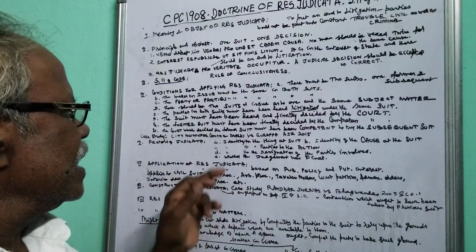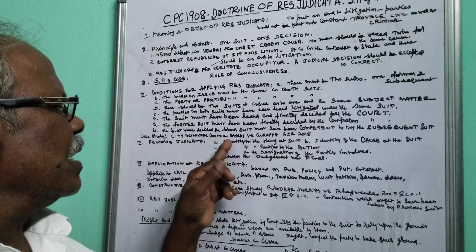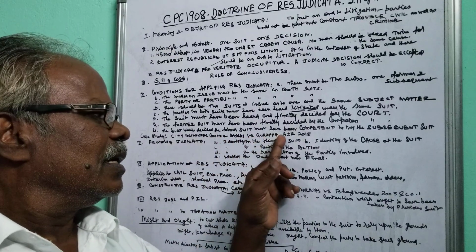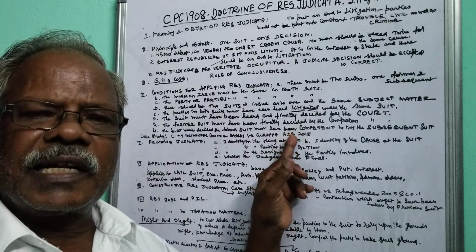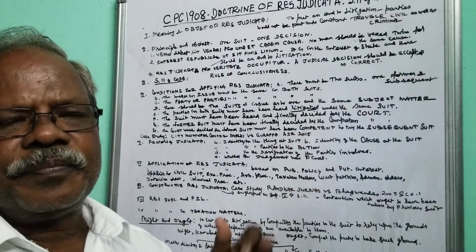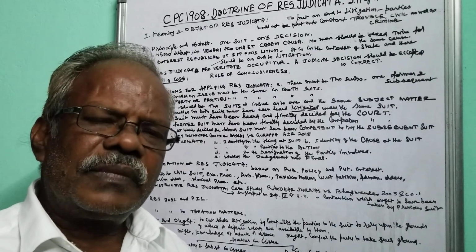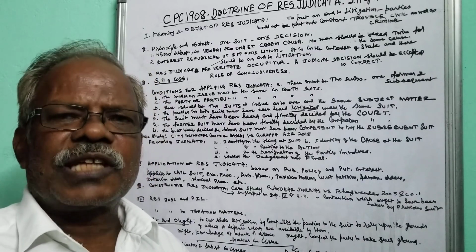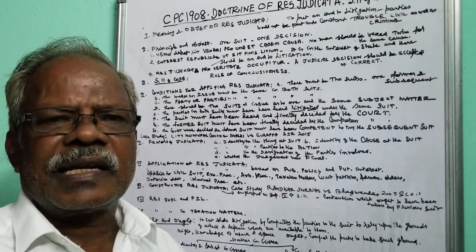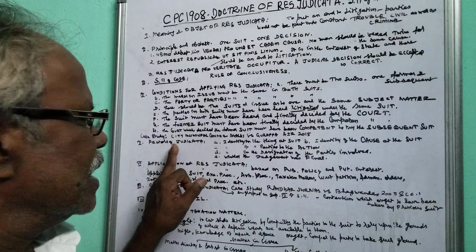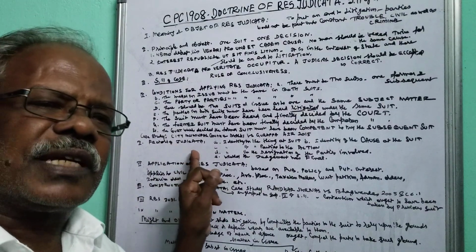The case study is City Municipal Council, Balki versus Gurappa, All India Report 2015. In this, the subject matter is different and the parties are also different. Hence, res judicata is not applicable. The next thing is the factors of res judicata.